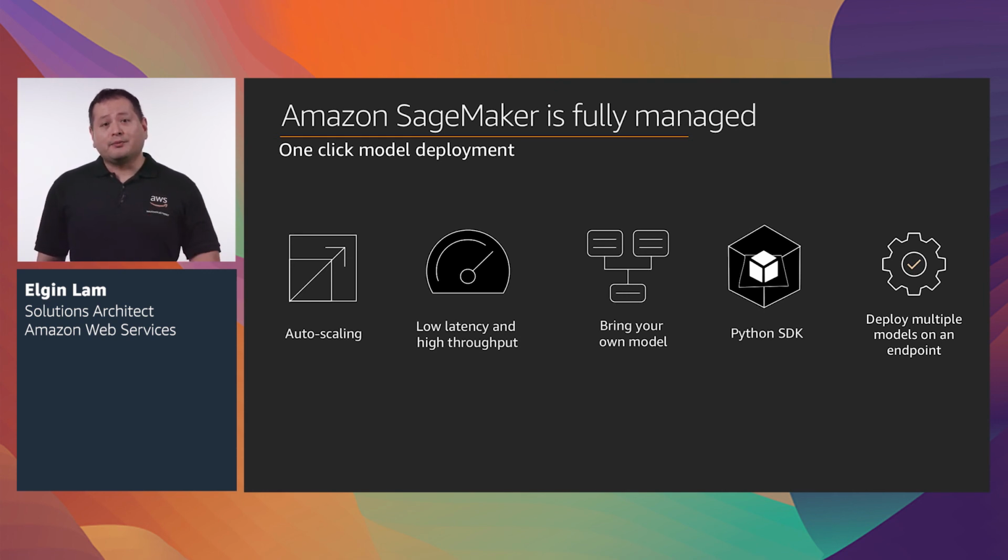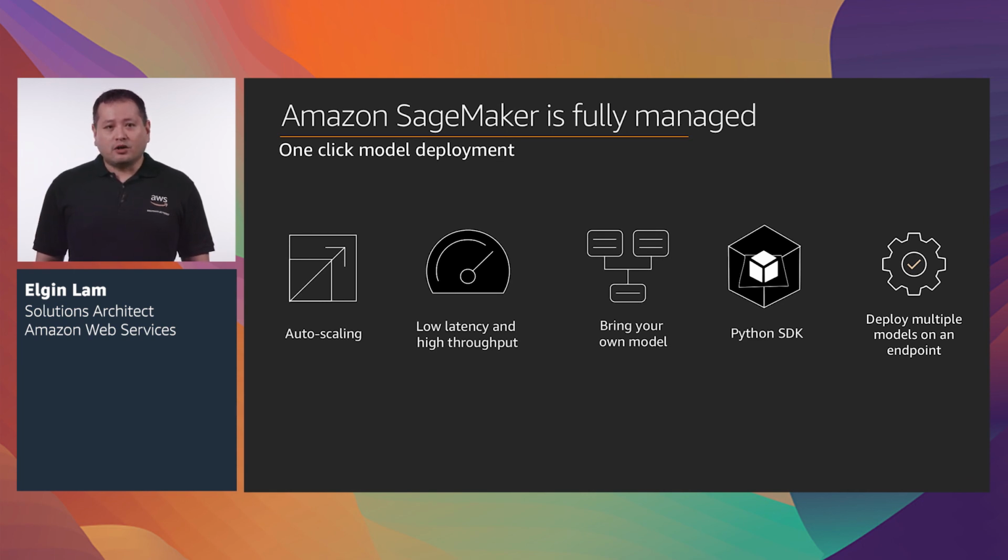You can one-click deploy your model onto auto-scaling Amazon machine learning instances across multiple availability zones for high redundancy. Just specify the type of instance and the maximum and minimum number desired, and Amazon SageMaker takes care of the rest.